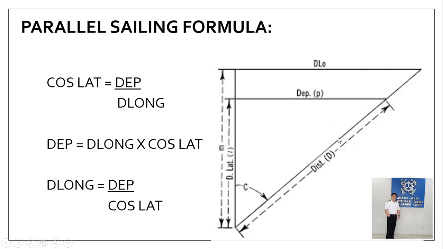The second example is finding the arrival position, whether it is plain sailing, meaning you need the latitude and then the longitude, or parallel sailing, where you only need the difference of longitude to find longitude B. Okay?